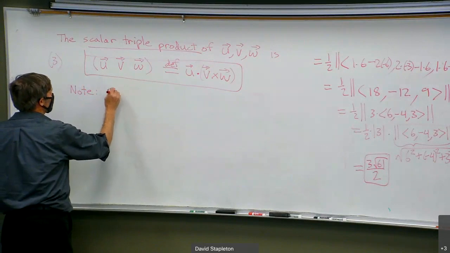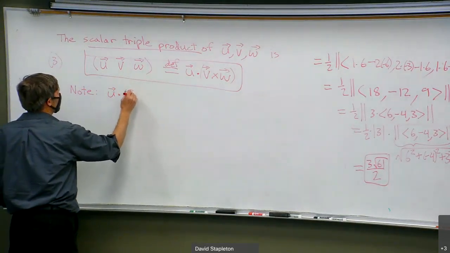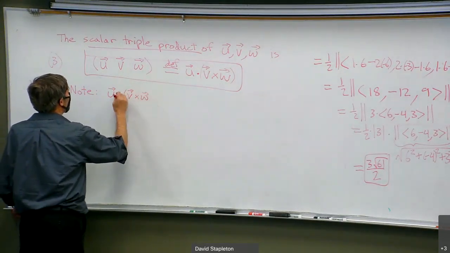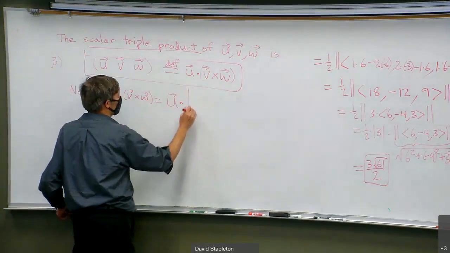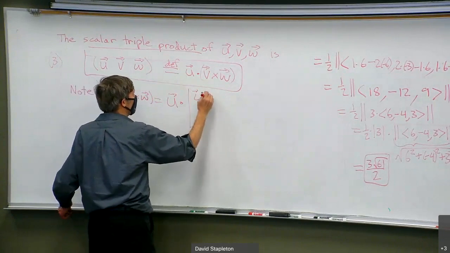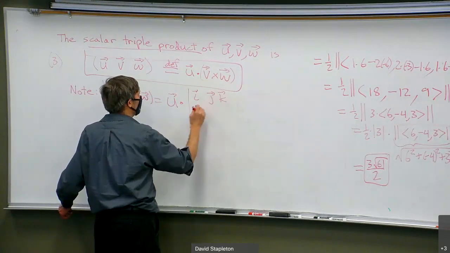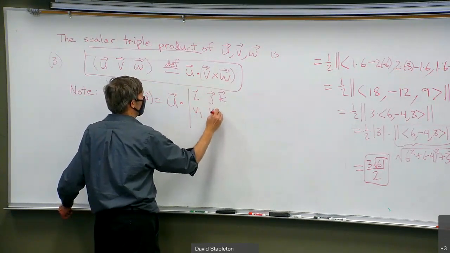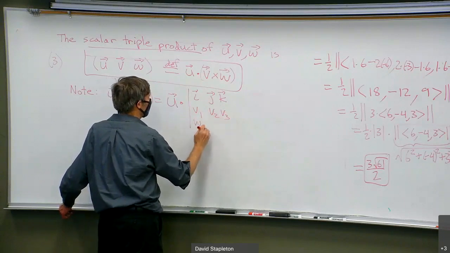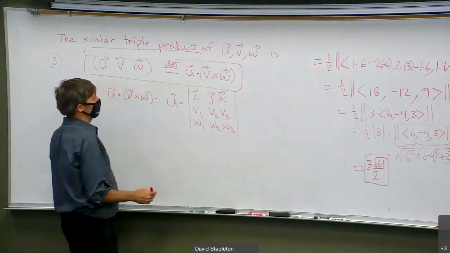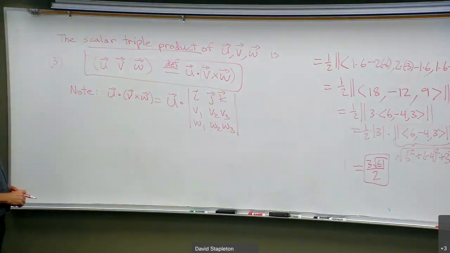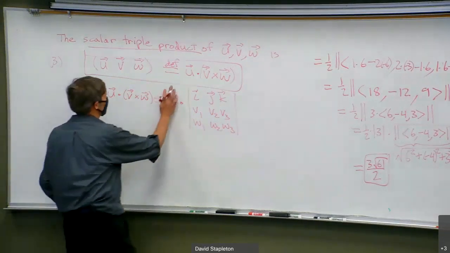Triple scalar product, U dot V cross W, means you're taking the dot product of U with the vector that's this determinant, I, J, K, V1, V2, V3, W1, W2, W3, right? Using the cross product formula. Let's put it more obviously.